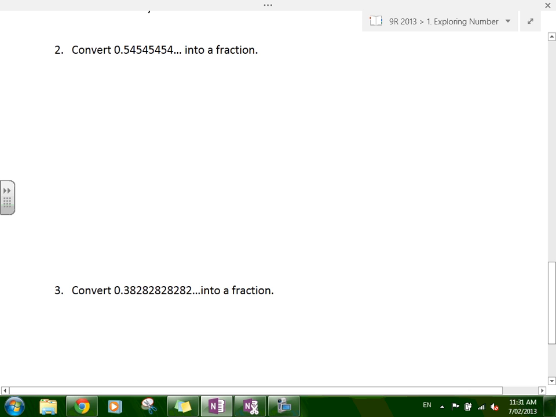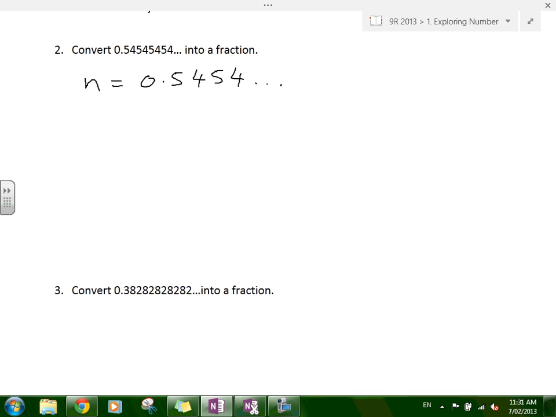Next one, 0.5454, we're going to call n. And I would appreciate if there's no whispering or muttering or talking while I'm doing this. Now, if I multiply n by 10, it's not going to work because the repeating decimal has to line up exactly.